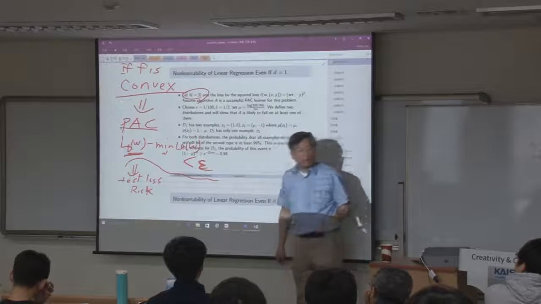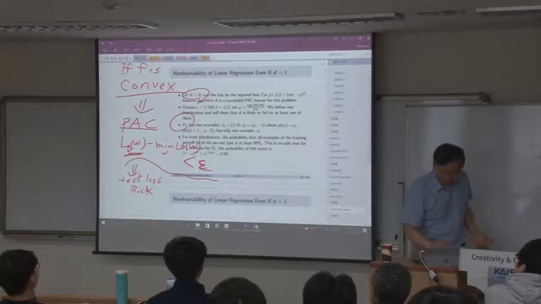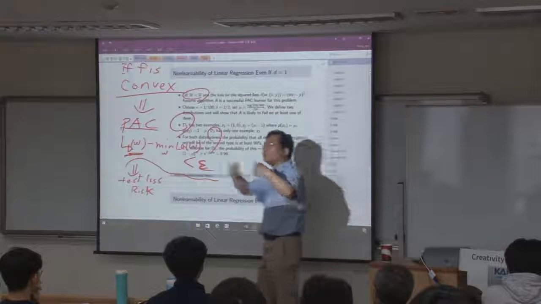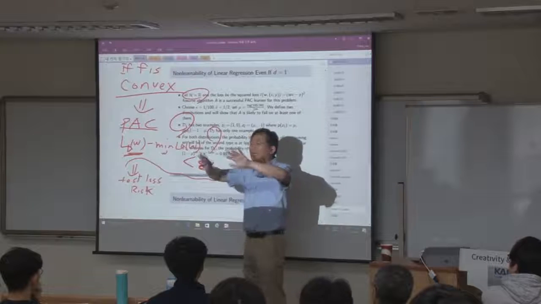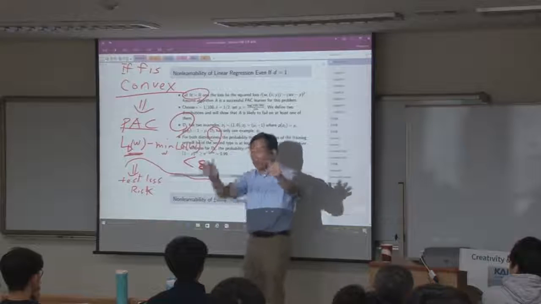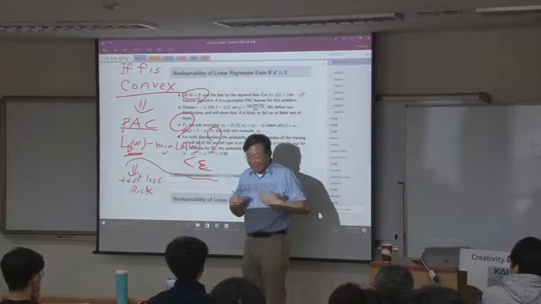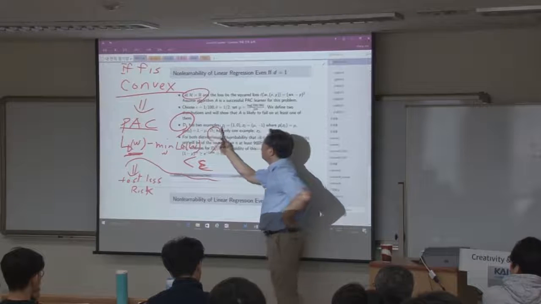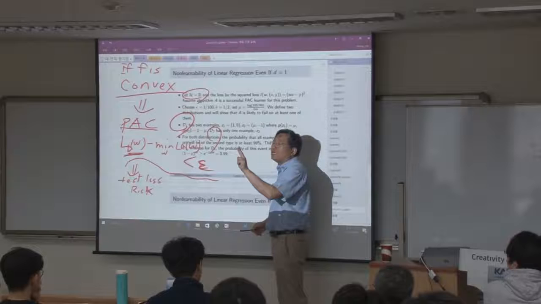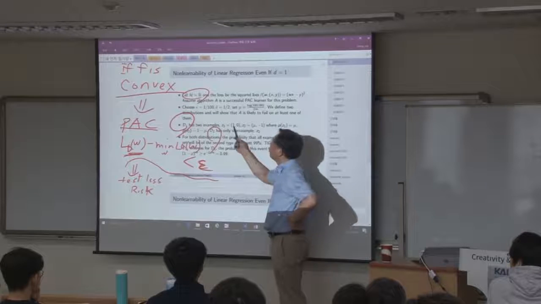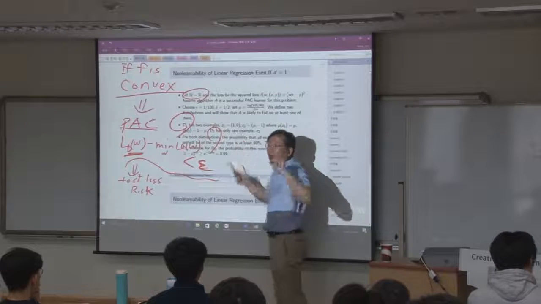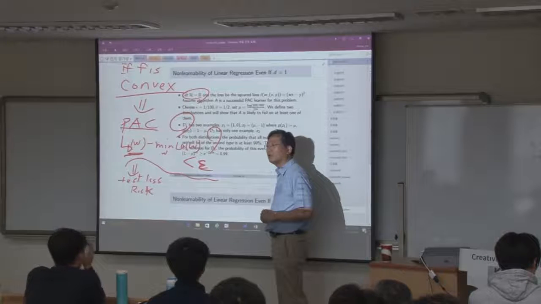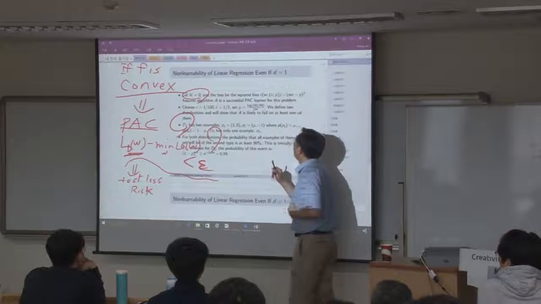Let's say I have two distributions, D1 and D2. This is how data will be generated. There are two cases, D1 and D2. D1 has only two types of data: (1, 0), or (mu, -1).